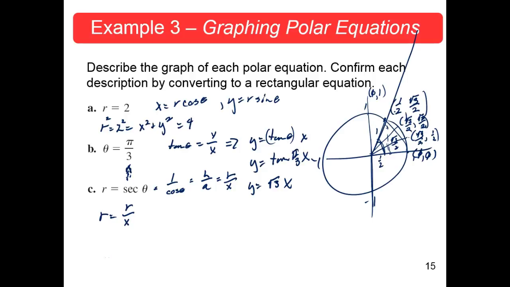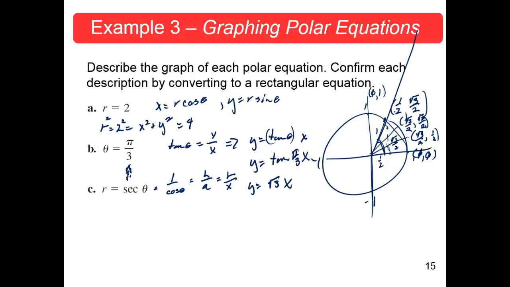Oh, wait. I'm sorry. We were graphing it first. I'm already doing the thing. It's going to be much easier to do than what I was just doing there. So we got r over x, or h over a. Okay? So let's start with theta equals 0.